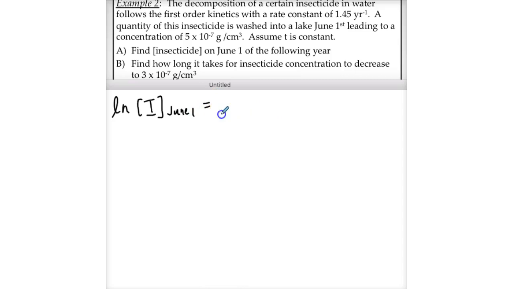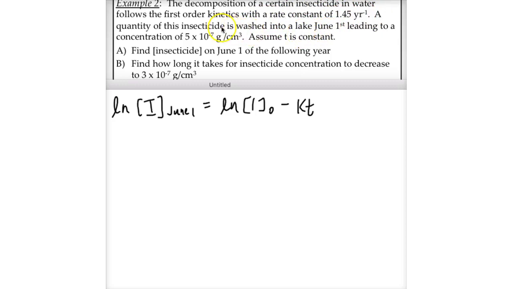And you set this equal to the initial concentration of insecticide minus kt. According to the problem, we have a rate constant of this per year.